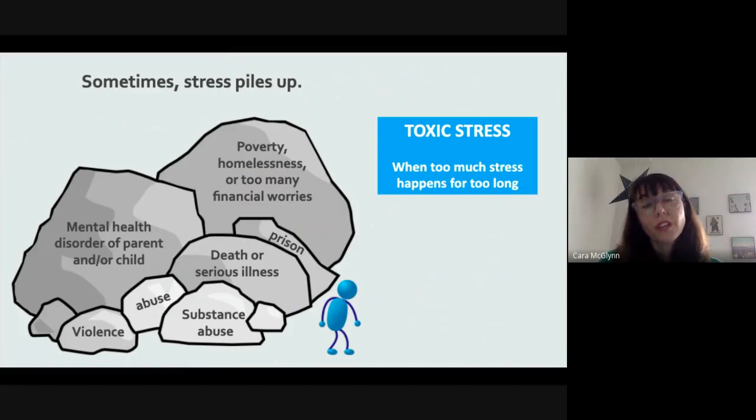We also think of it sometimes in the mental health field as toxic stress. That toxic stress is when the cortisol levels in your body are raised, again, too much for too long. I can't emphasize that enough.